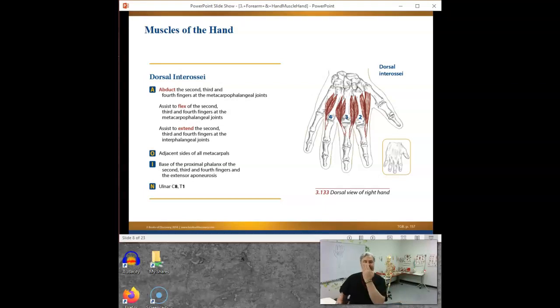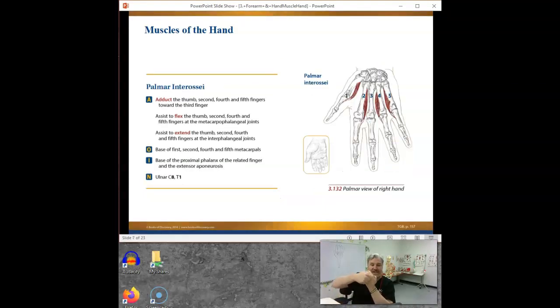So, let's go from the back of my hand. If we took a knife and we cut my skin off here between my bones, between my metacarpals, you would see my dorsal interossei, which is in the slide right here. If we scraped them away a little bit, remember they're thin, we'd get down deeper to the palmar interossei.